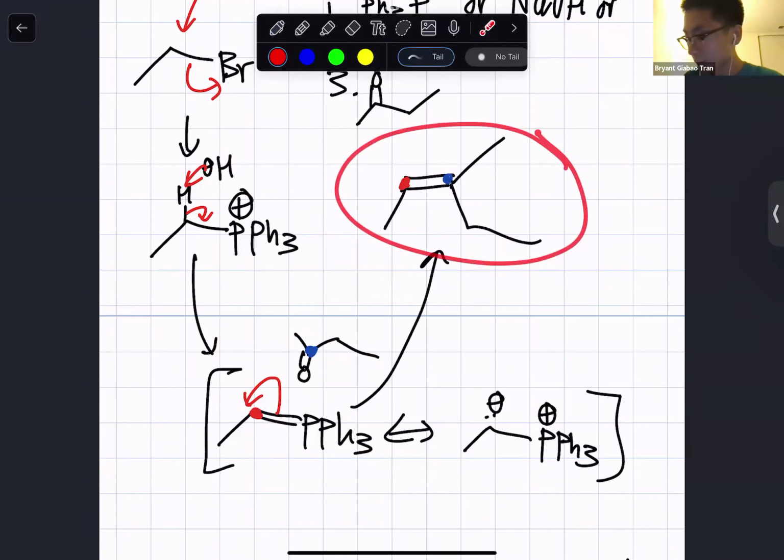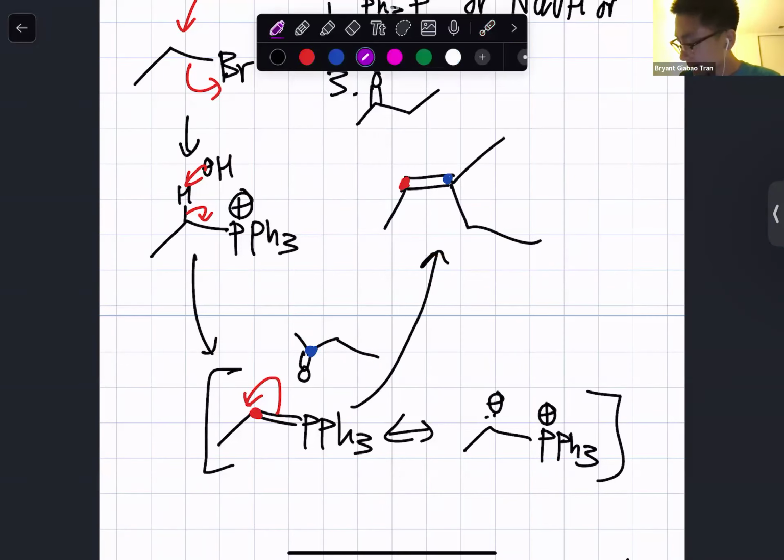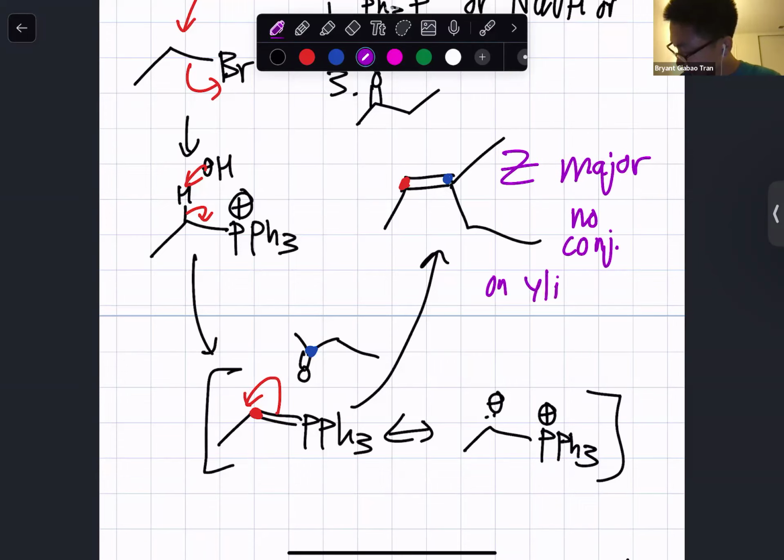This is the major product because Z is major with no conjugation on the ylid or carbonyl. If there is conjugation in either the ylid or carbonyl or even both, then the E is major.